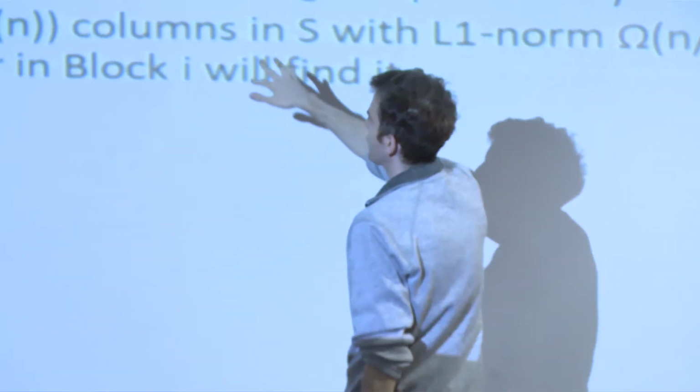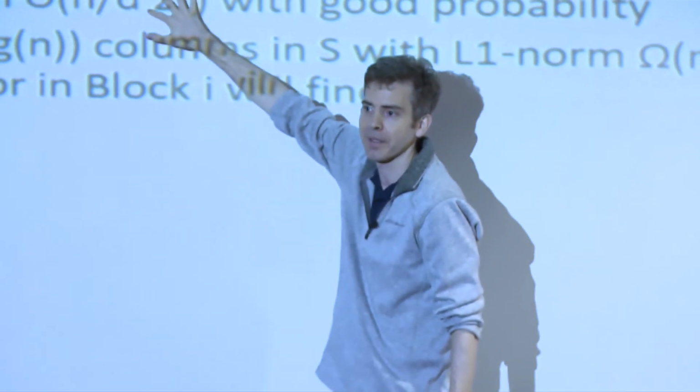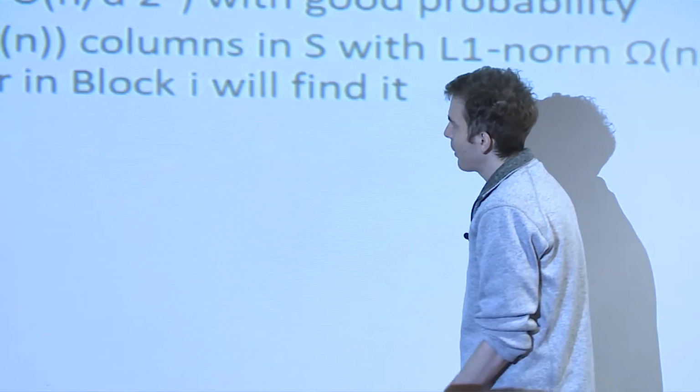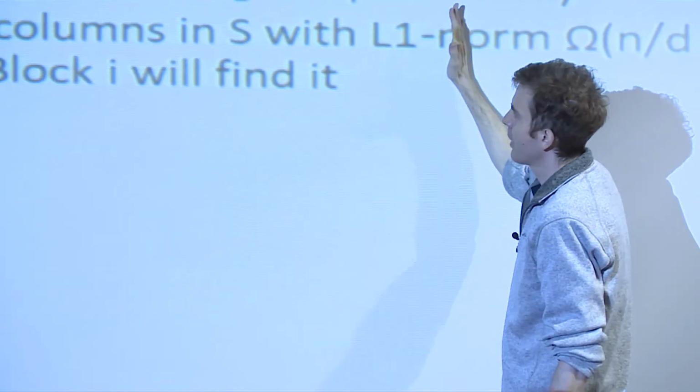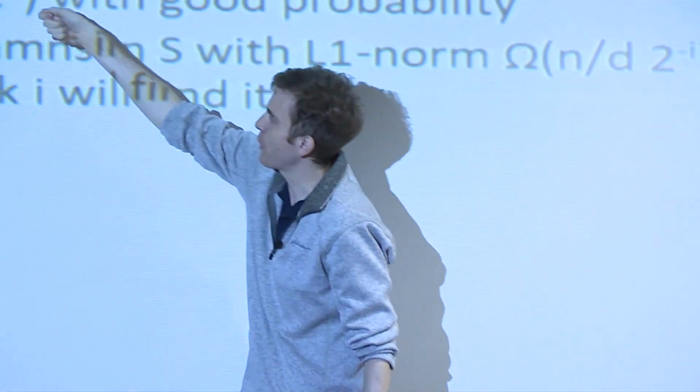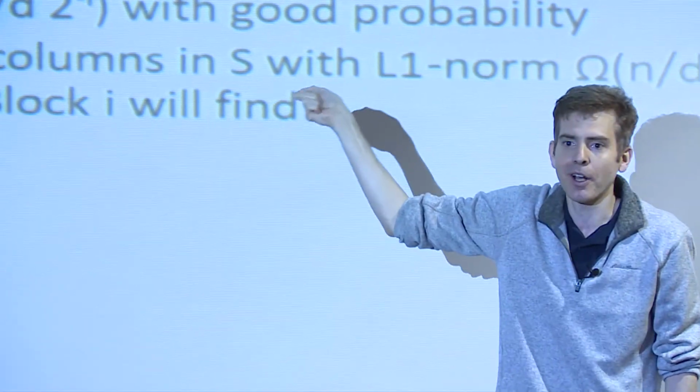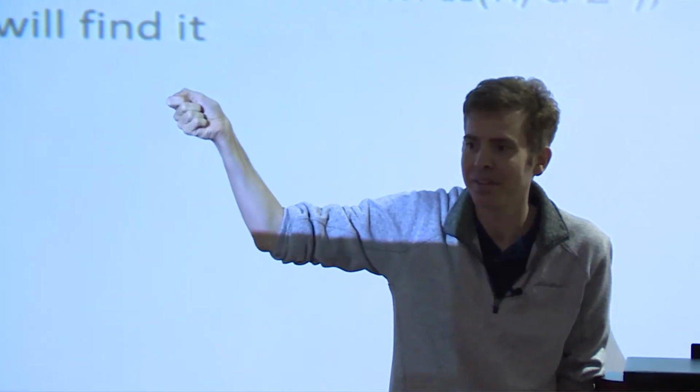What does it mean to find it? Well, the vector in the ith block has n over d over 2 to the I non-zero entries, right? What I mean by find it is I look at the columns of S, and if one of those non-zero entries indexes one of those columns of S, then I found it. I have some sparse vector, and I'm asking which columns of S get touched by that sparse vector.